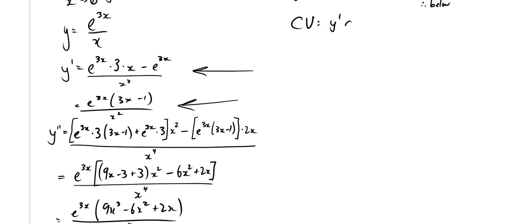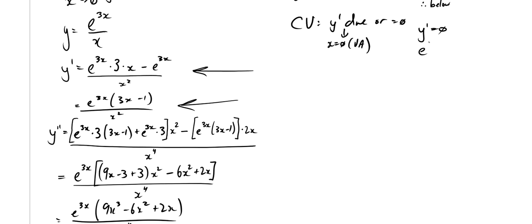So when y prime does not exist or equals 0. Y prime does not exist when x is 0, but that's an asymptote, so we're good there. So what about when y prime equals 0?